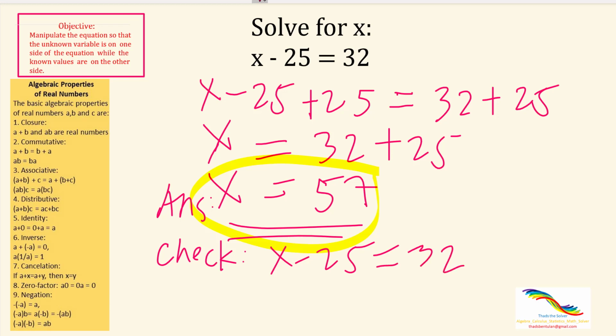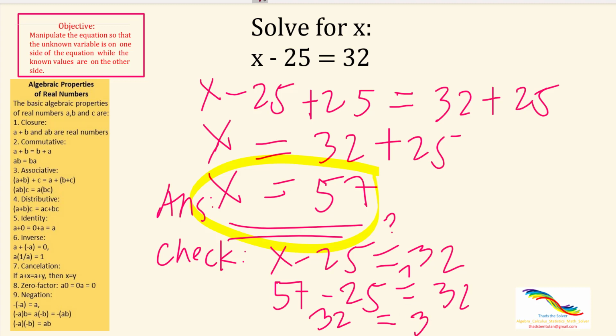So x is 57. You have 57 minus 25 equals 32. Is it equal to 32? So 57 minus 25 is 32, equals 32. Then therefore, check.